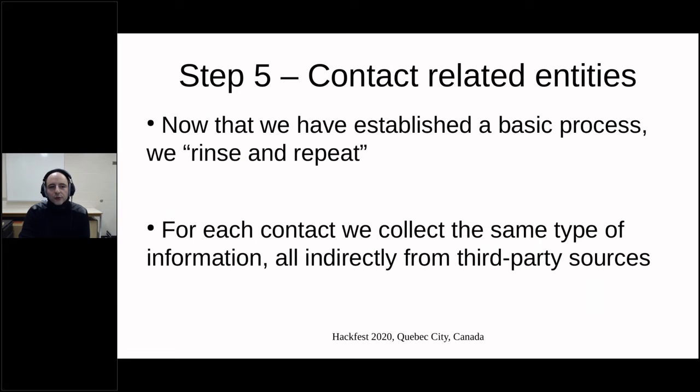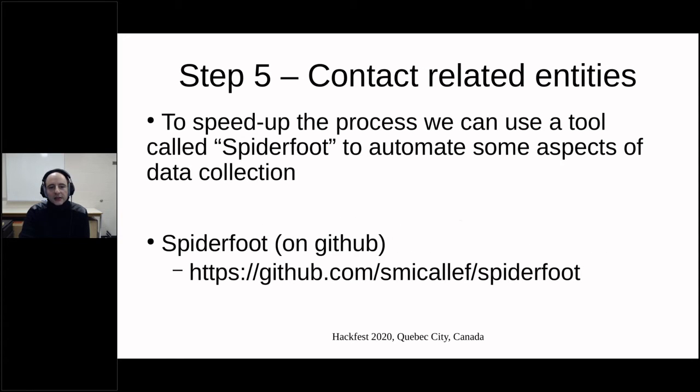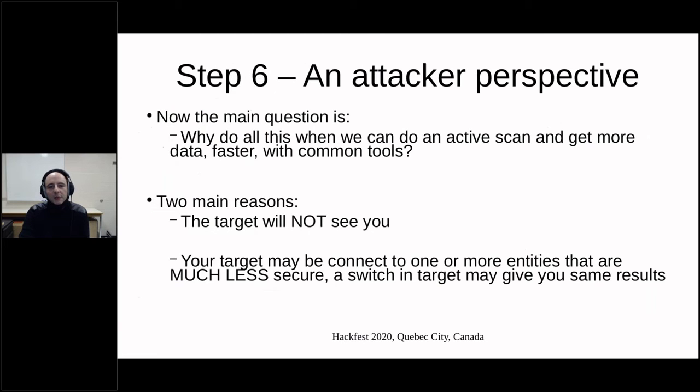And if we repeat again for the suppliers and in third-party sources, then you start to build a network of information. This can be started with normal tools like Spiderfoot, or can be done manually, and this is what we did.